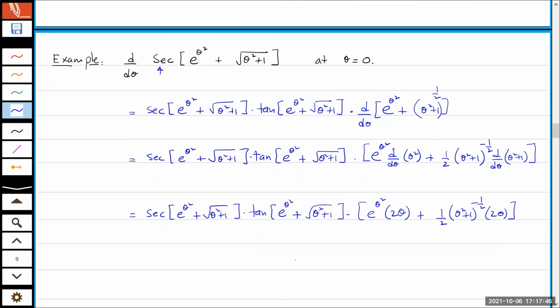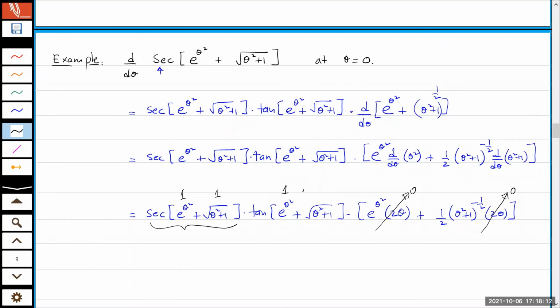So let's take theta equals 0. If theta is 0, this term goes to 0. If theta is 0, this term also goes to 0. However, remember, this one does not go to 0 when theta goes to 0. This goes to 1, and this term also goes to 1 when theta goes to 0. I'm putting theta equal to 0, I'm not doing the limit.